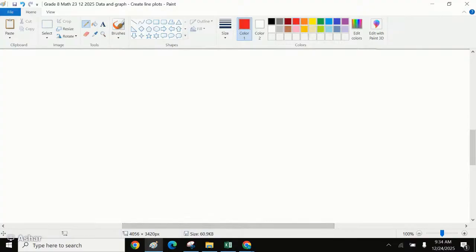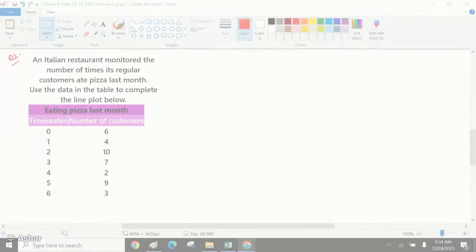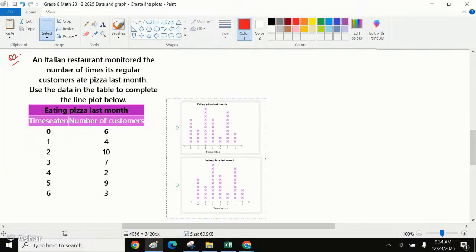For question number 2, this is the information that's given to us, and the options that are given to us are these 2 options. I'll just copy those so that we have them on our screen. Option A and option B.